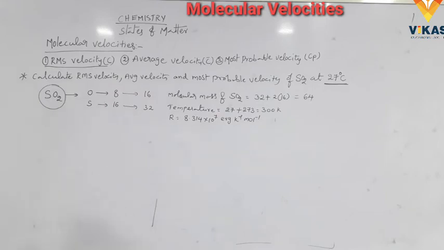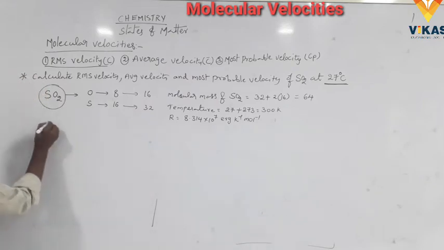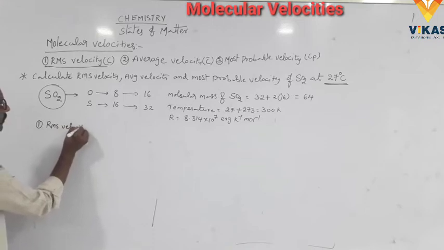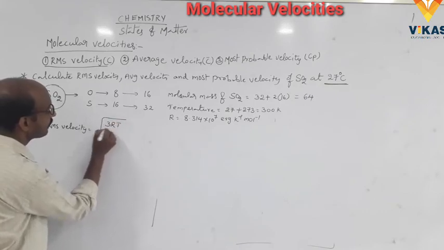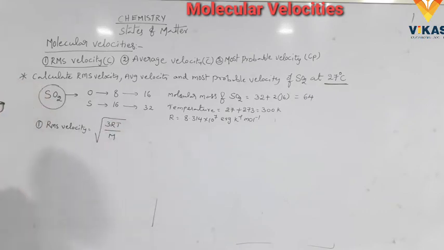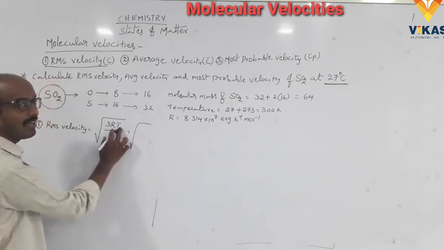These are the data, and you find out the RMS, average and most probable velocities. So what is the RMS velocity? RMS velocity is the square root of 3RT by m. Substitute the values. We know the R value, T value and m value.